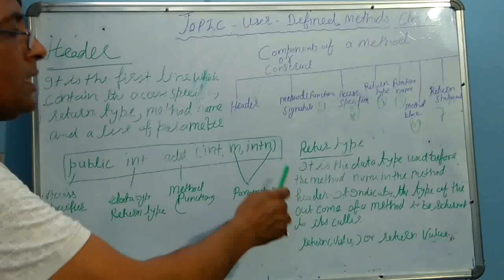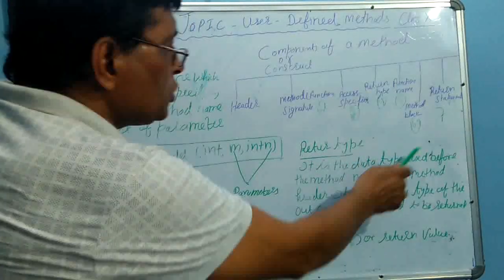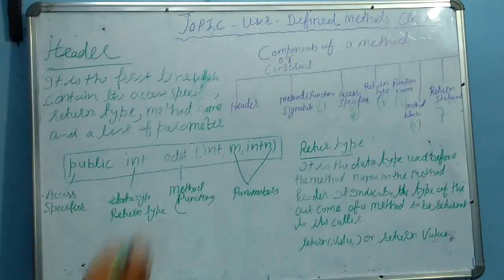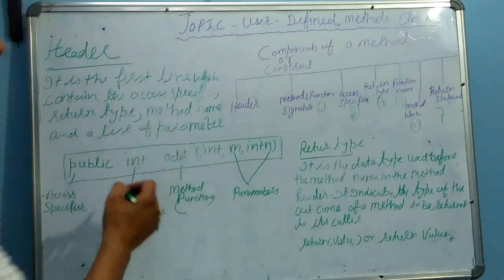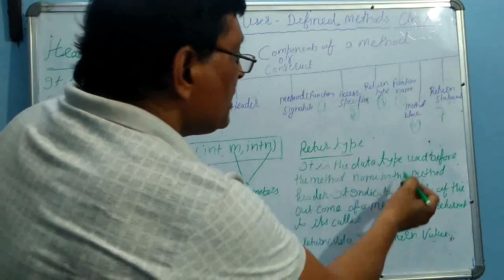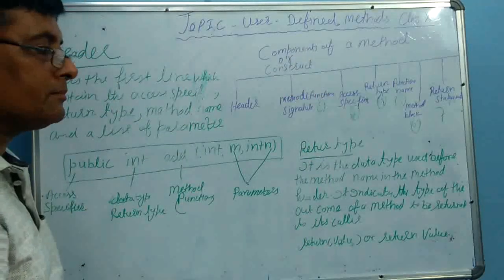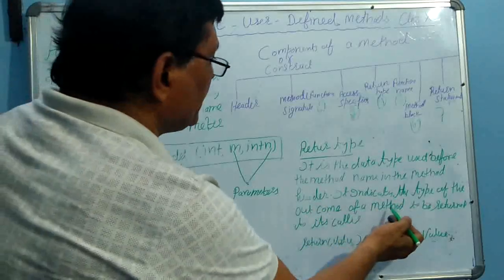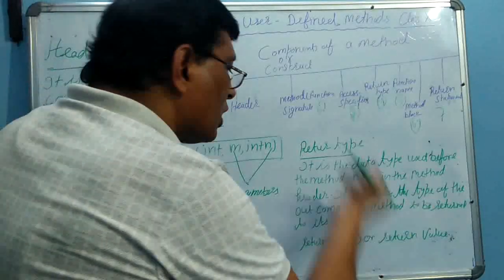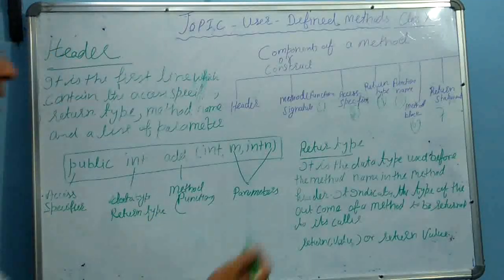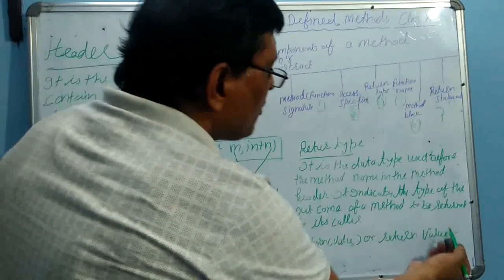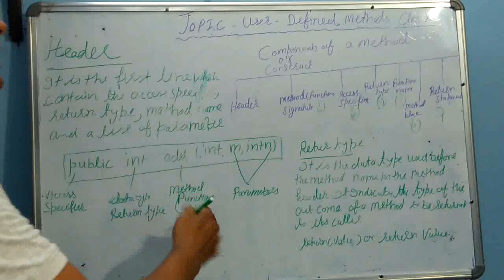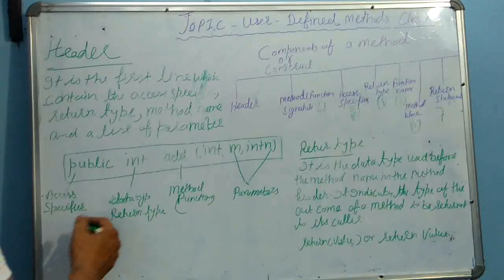The return type is the data type used before the method name in the method header. It indicates the type of the outcome of the method to be returned to its caller. And the syntax is return value. So this is your return data type.